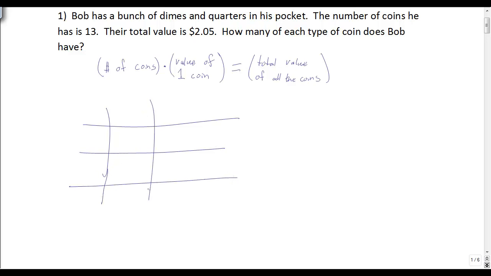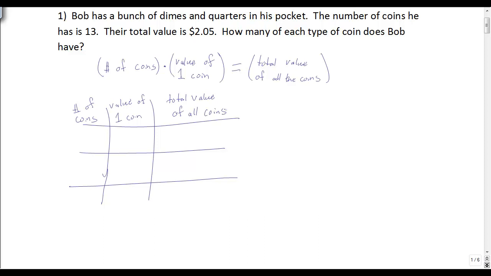We have number of coins, the value of one coin, and the total value of all coins of that type.